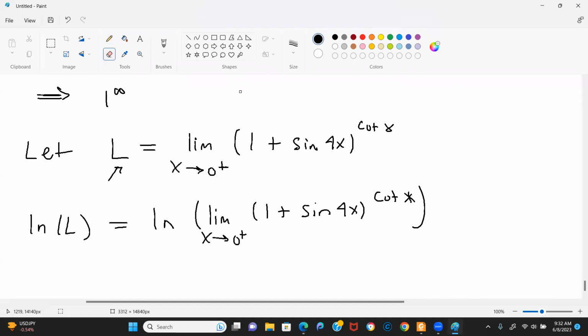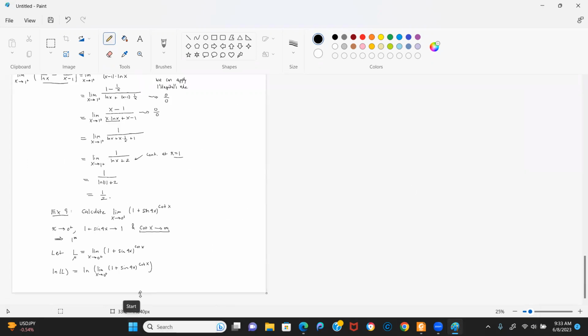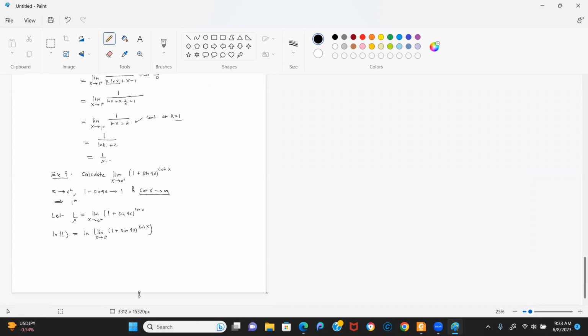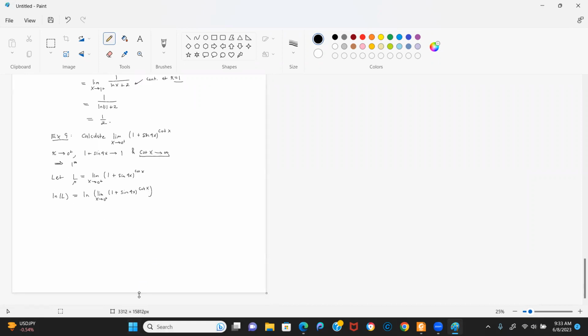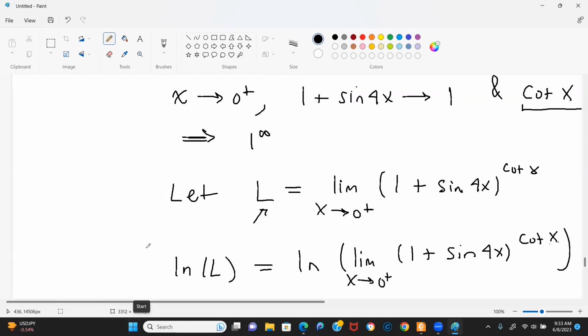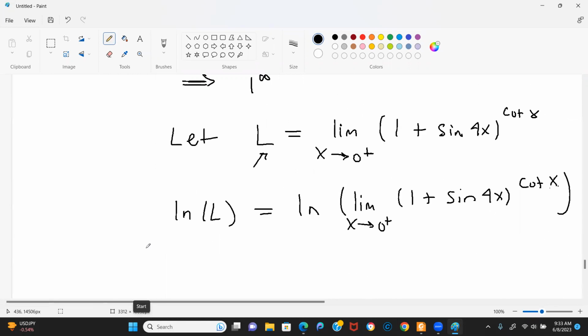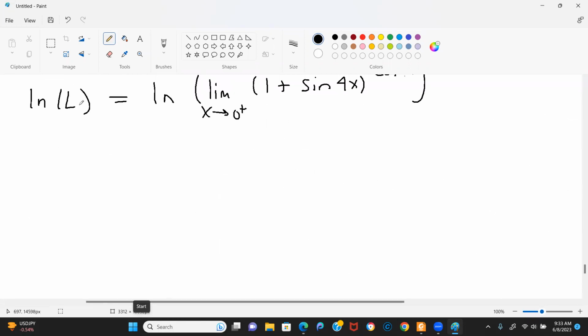All right, that's terrible. Let me see if I can fix that. Cotangent of x. All right, now the natural log is a continuous function, and we know that continuous functions commute with limits in nice enough cases, and we're basically in one of those cases. So we can swap the natural log and the limit.